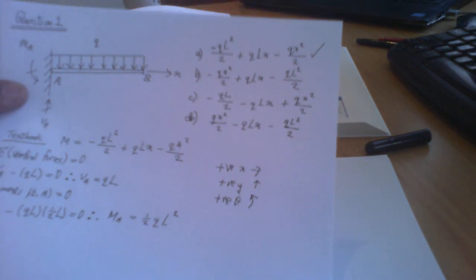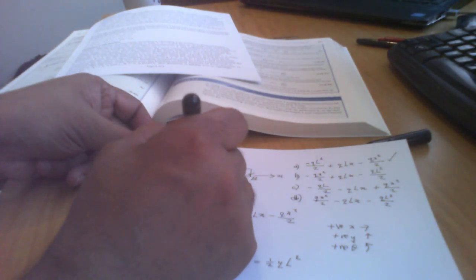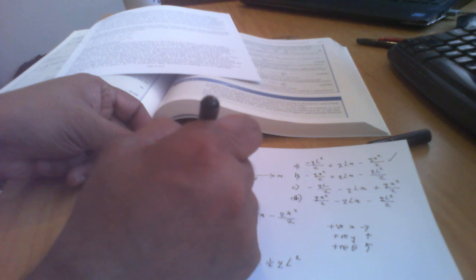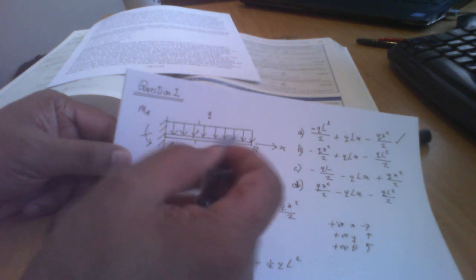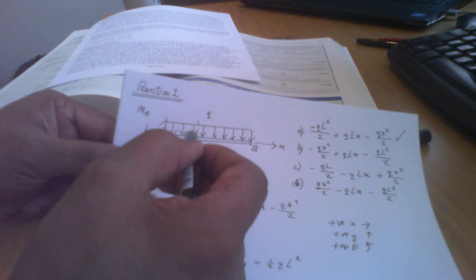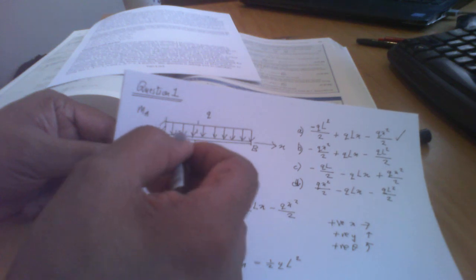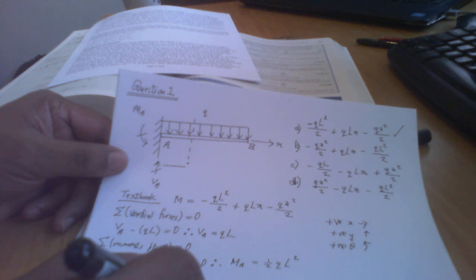Using that sign convention, take a cut at some point x. Some point x between 0 and L, doesn't have to be half L. Take the cut over there, check what is on the left hand side of the cut and what is on the right hand side of the cut. This is the cut.